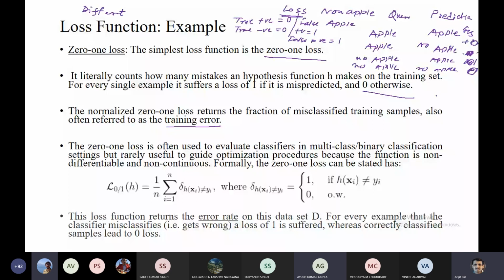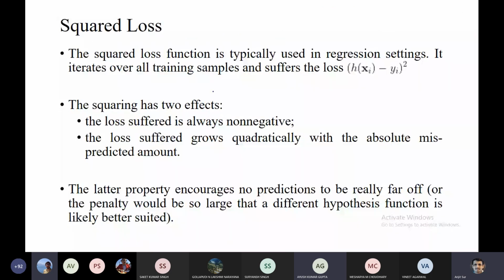Squared loss, we already saw this: the hypothesis function h theta of x_i minus y_i, and the square of this is taken, with a sum over i equal to 1 to n, where n is the number of training samples, and it's normalized over here.